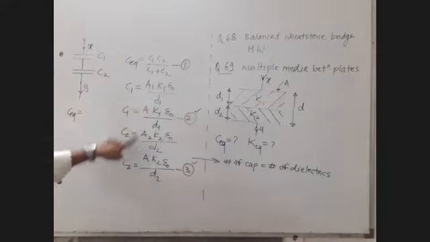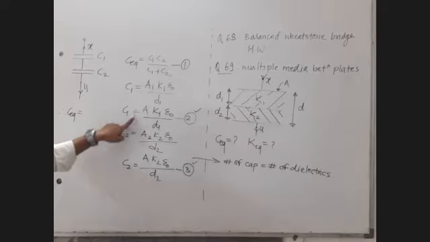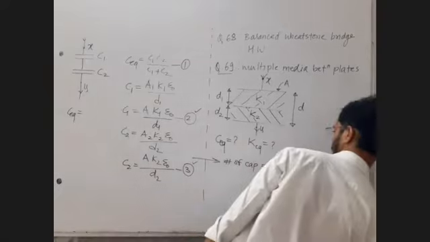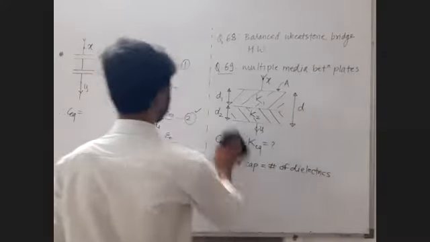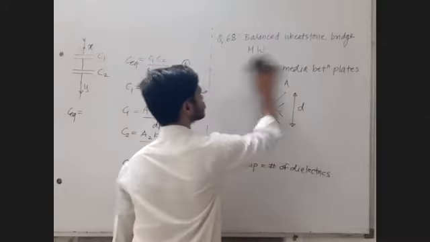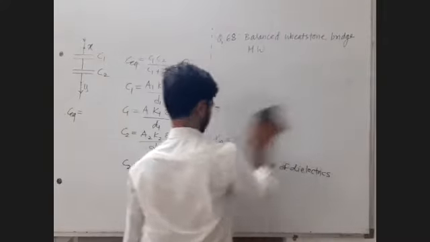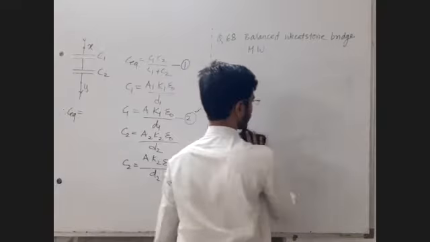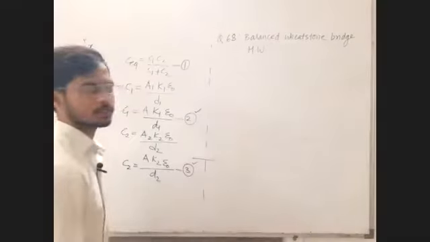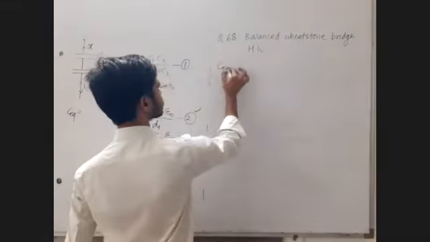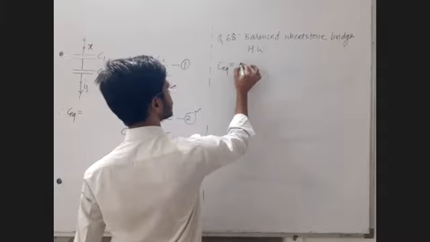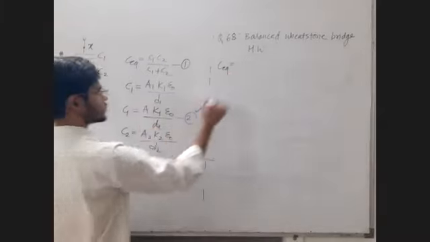So let us multiply C1 and C2. There is not enough space. Let us find out the equivalent capacity. That's our task. C equivalent is equal to C1 C2 upon C1 plus C2.